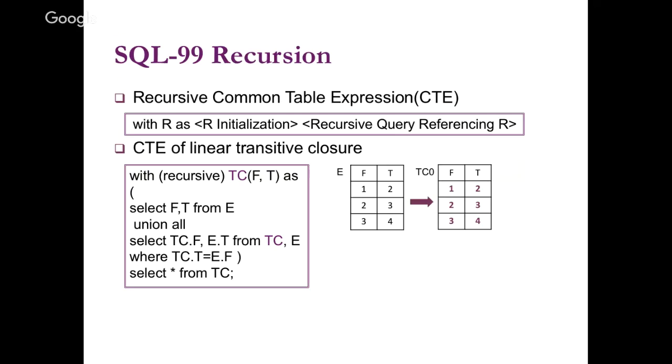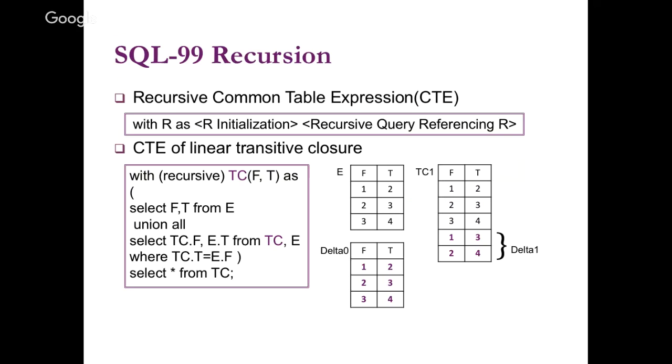In the initialization step, the recursive relation TC is defined by the projection of the two columns F and T from the table E. And in the recursive step, the TC will join E, and the delta part of the result is merged into the result TC by the set operation union all. The recursion ends when no tuple is generated anymore.